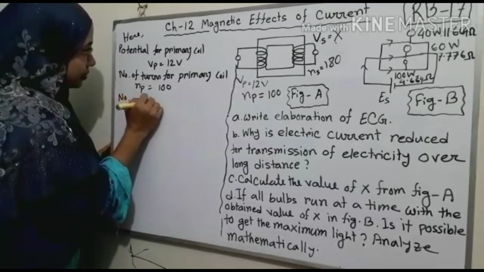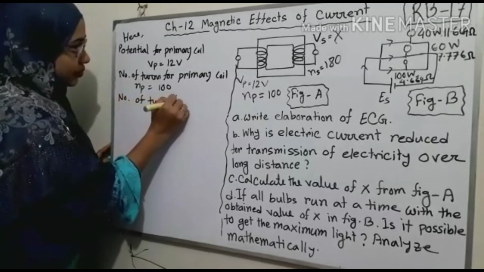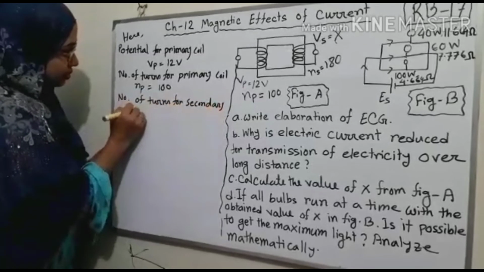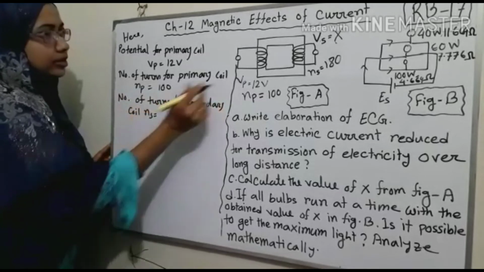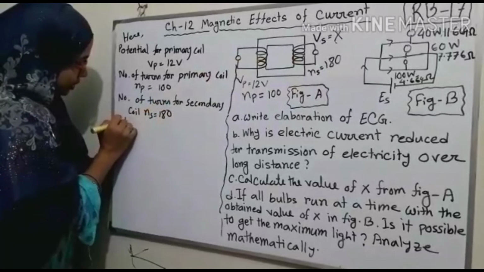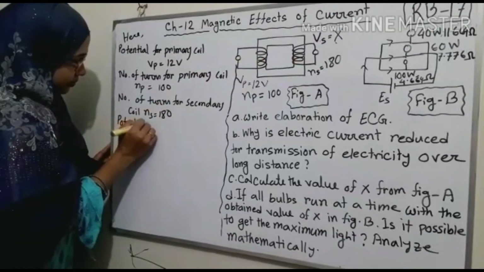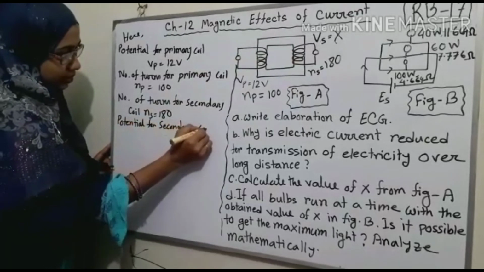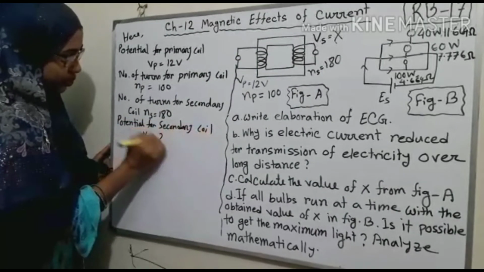Number of turns for secondary coil, Ns, is there, 180, and we have to find out the potential for secondary coil, which is Vs equals to what?